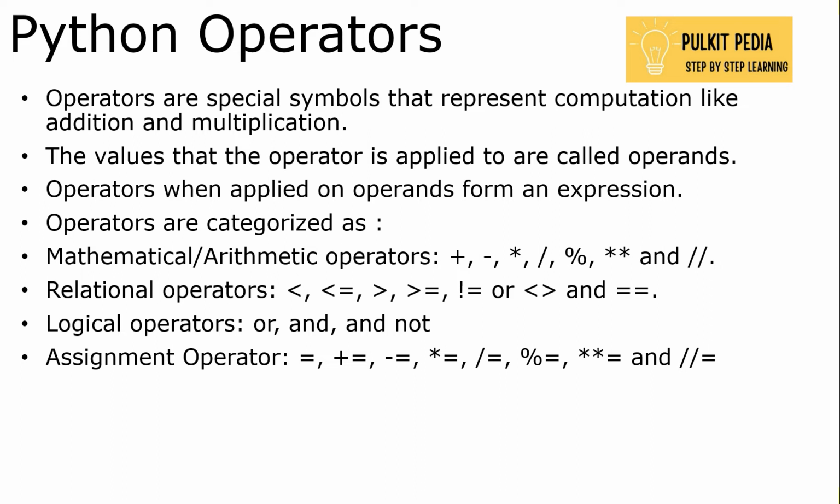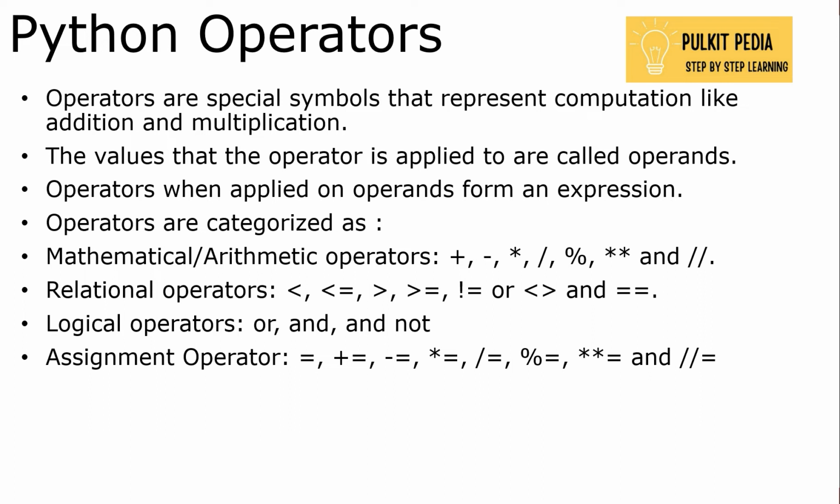Various types of operators are available in Python, like mathematical and arithmetic operators: plus, minus, multiply, divide, modulus, square roots, or divide by floor. Then relational operators, which are used for decision making. For example, if you are going somewhere and you have a luggage limit, and your luggage is allowed only 20 kg, this kind of operator will be used to check those things.